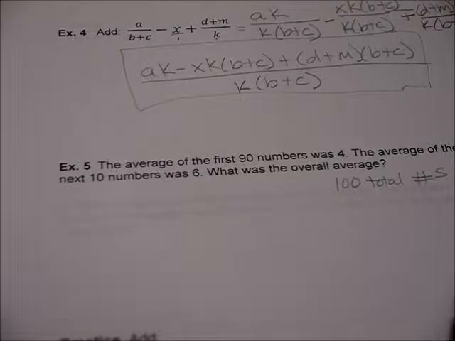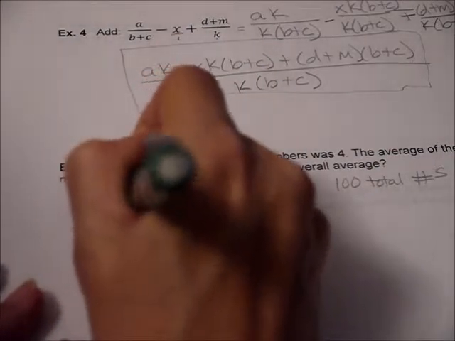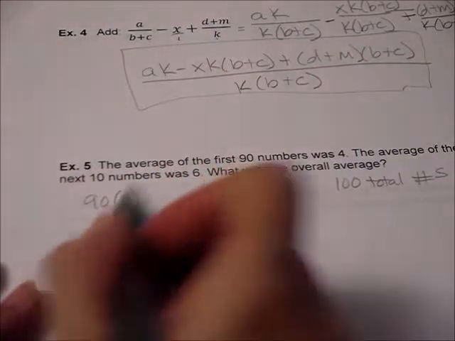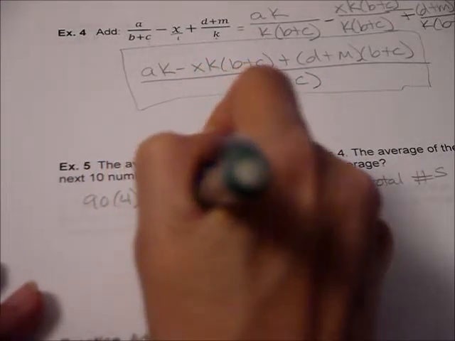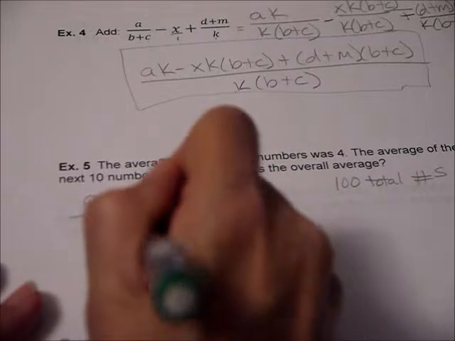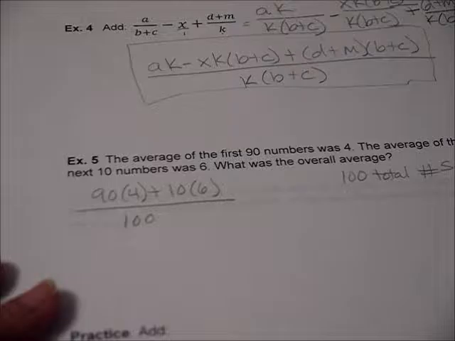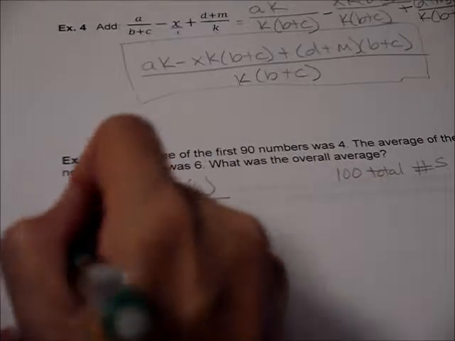Now that seems a little ridiculous. So instead, what if we do 90 times 4, because there were 90 fours, and 10 sixes, and there were 100 numbers overall. That's going to give us the overall average once we multiply that through.